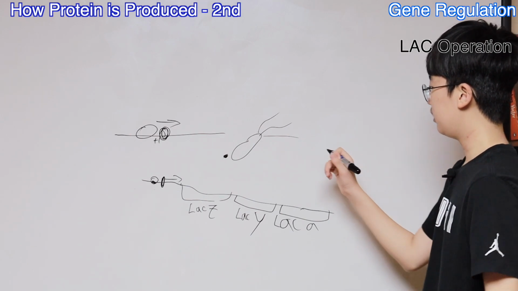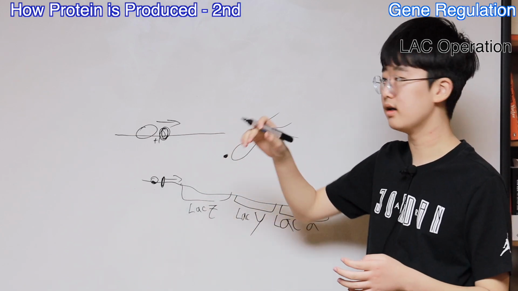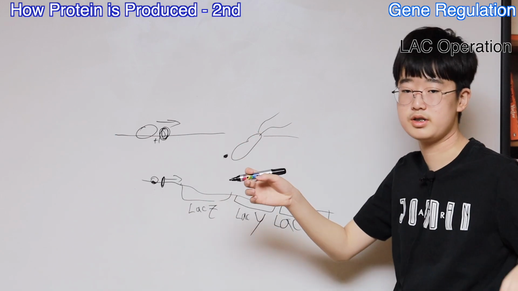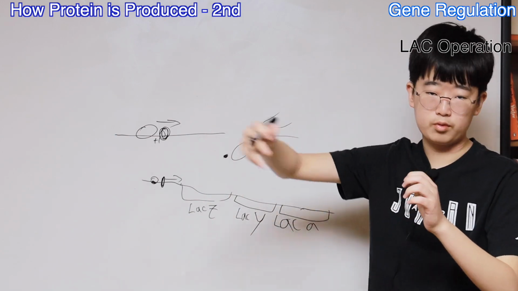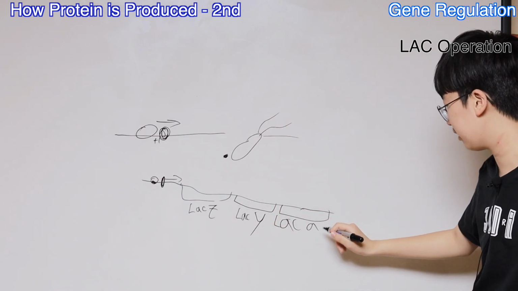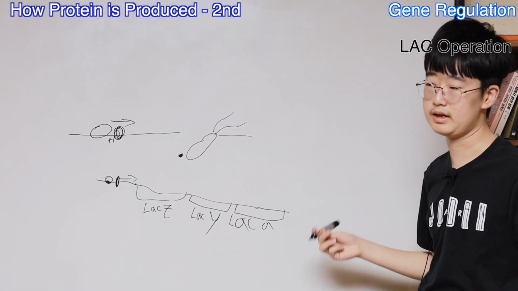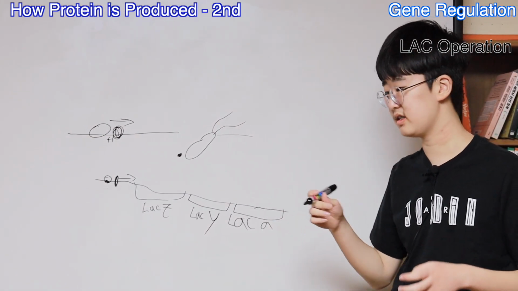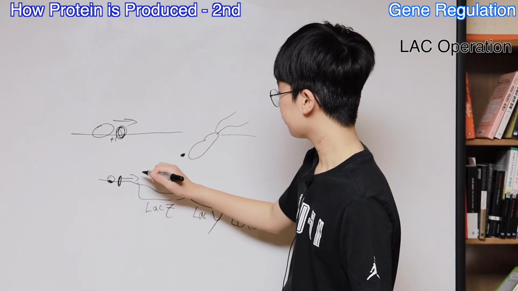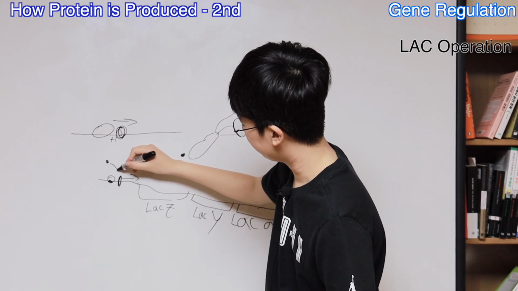And it opens the membrane of the E. coli and brings in the lactose and closes it and brings in more lactose. The LAC-Y protein brings in the lactose, and LAC-A, we don't know what LAC-A does. But it still is in the LAC operon. So a lactose flies by.